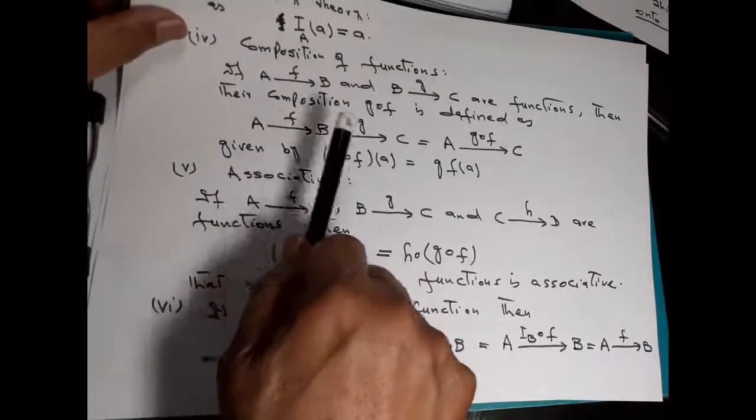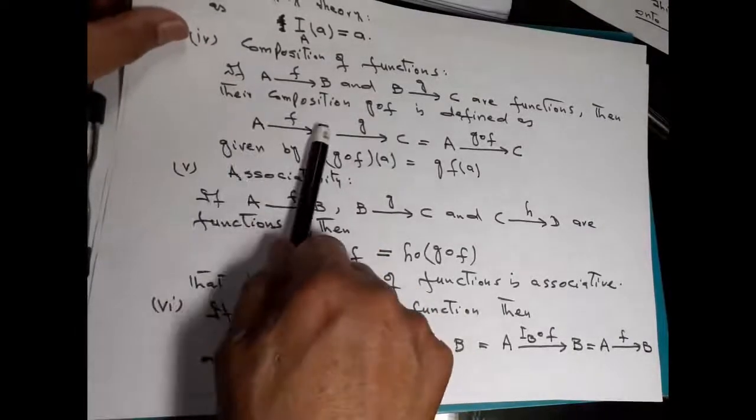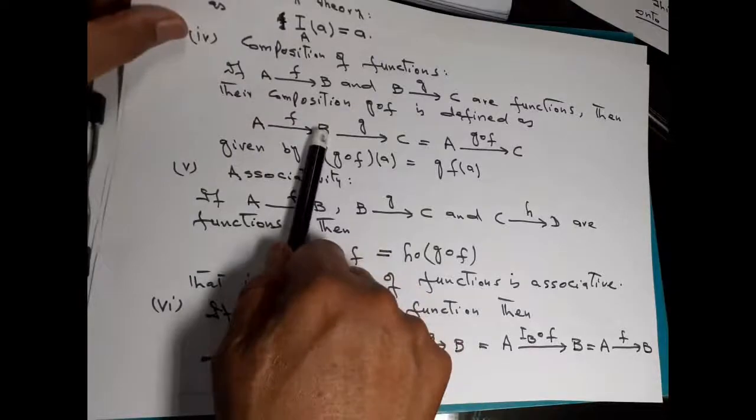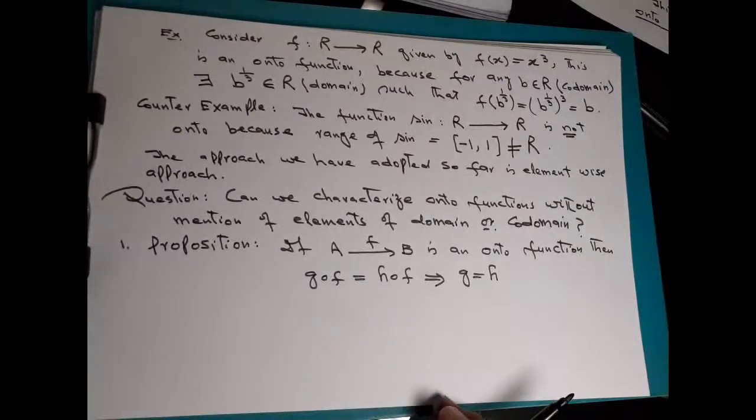So whenever we talk about composition of functions, we assume that this condition is satisfied, that is, the composition is well defined. So we do not write again and again that composition is well defined.